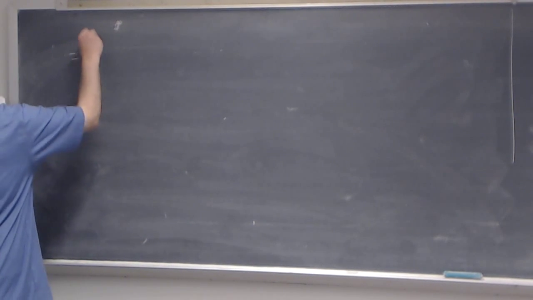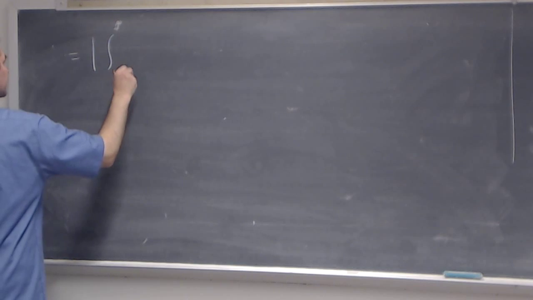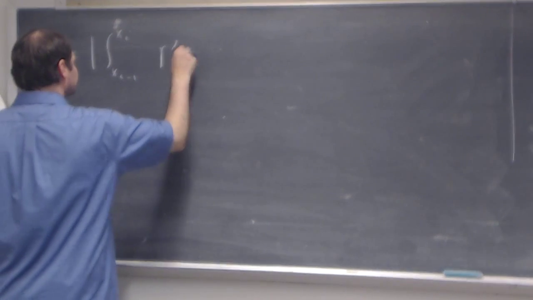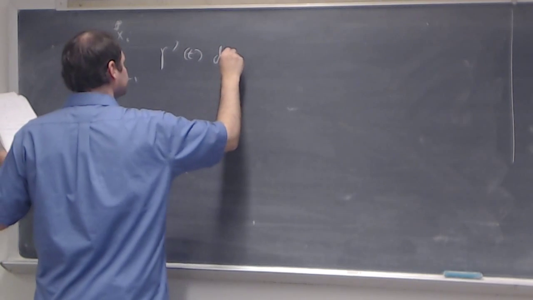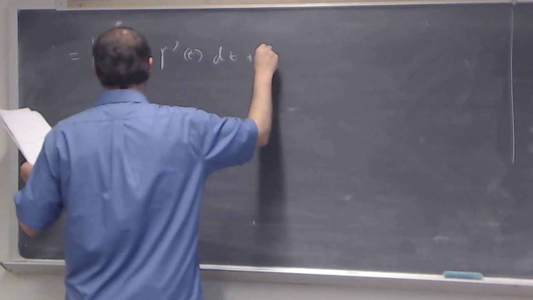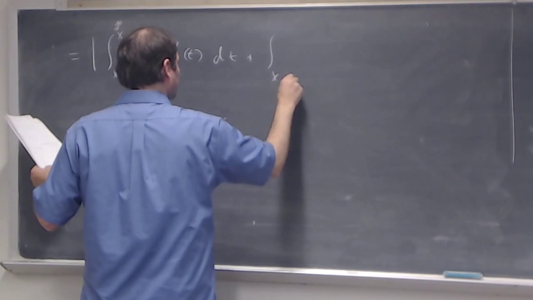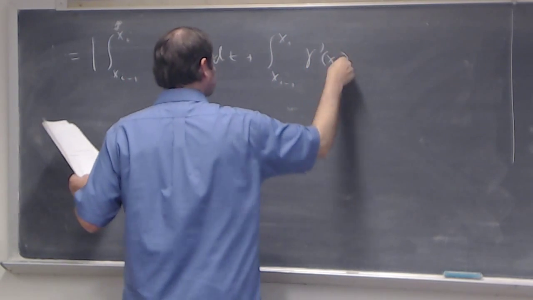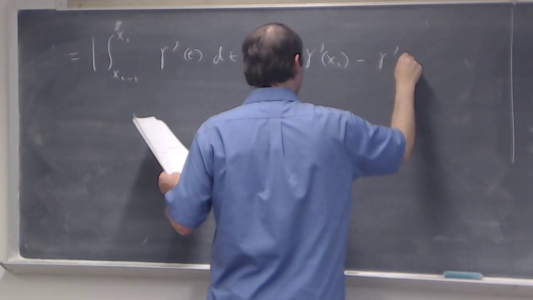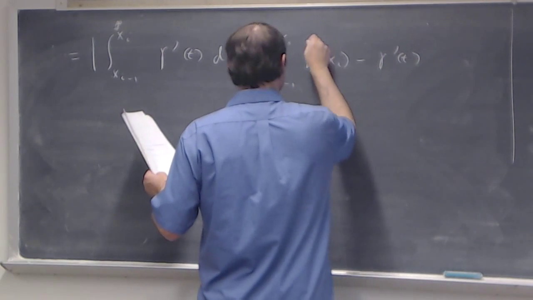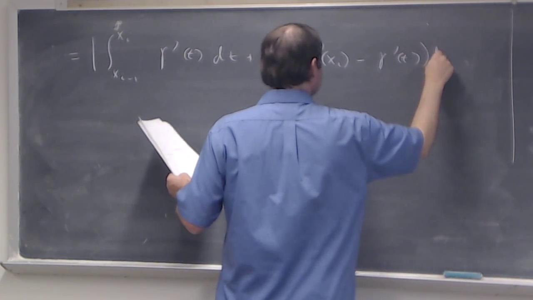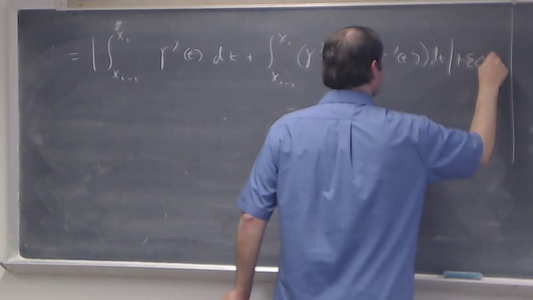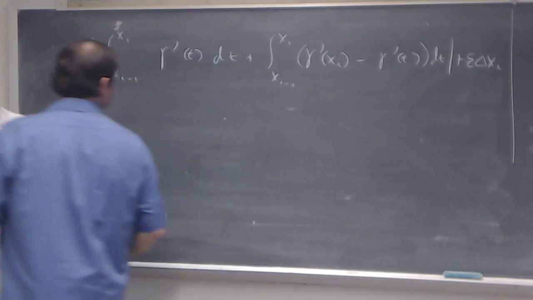And that can be rewritten as the norm of the integral from x_{i-1} to x_i of gamma prime of t dt, plus the norm of the integral from x_{i-1} to x_i of gamma prime of x_i minus gamma prime of t dt, plus epsilon times delta x_i is still there.